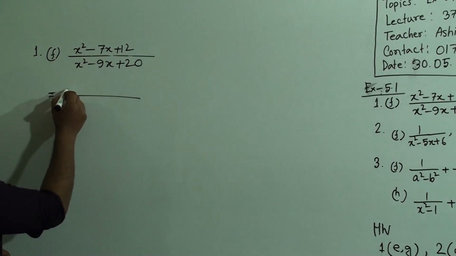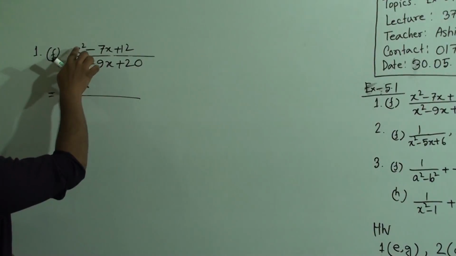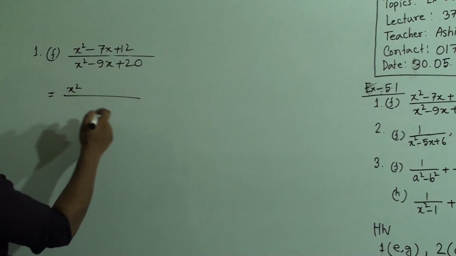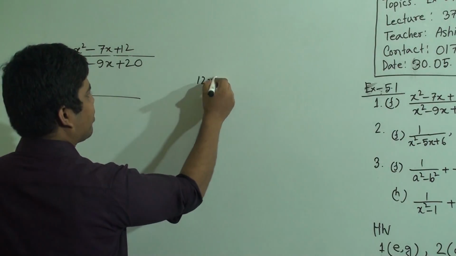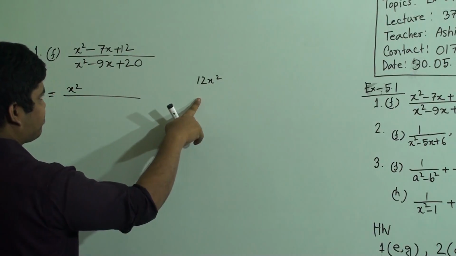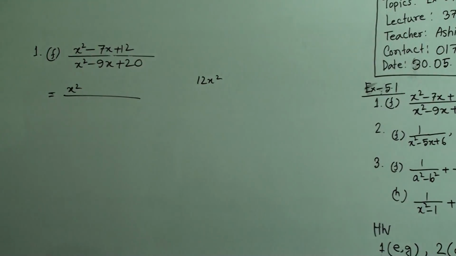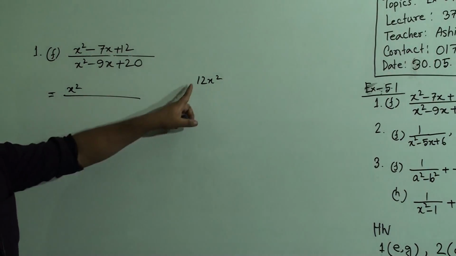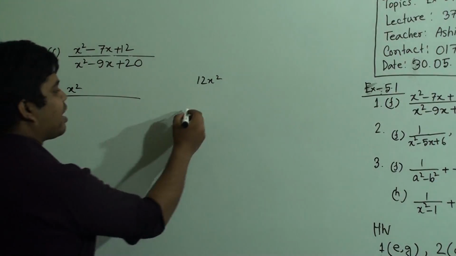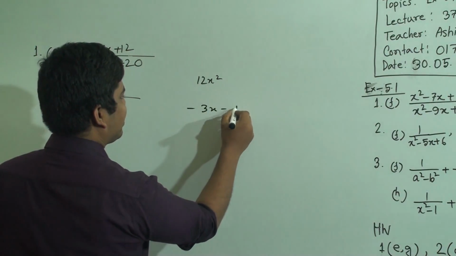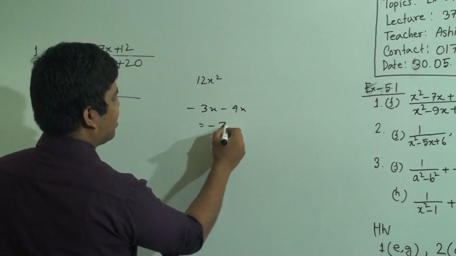Okay, so first of all we multiply x square with 12 and we get 12x square. After that we break this minus 7x in such a way that their addition will be minus 7x and their multiplication will be 12x squared. So if I write minus 3x minus 4x, then we get minus 7x.